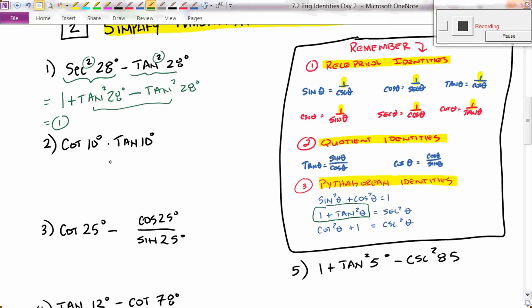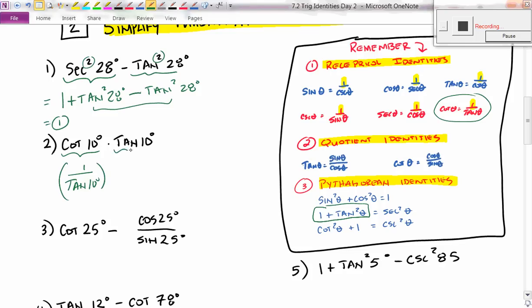The cotangent of 10 degrees times the tangent of 10 degrees. Well, I know that the cotangent in my reciprocal identity is equal to 1 over tangent. So I can write this part as 1 divided by the tangent of 10 degrees.